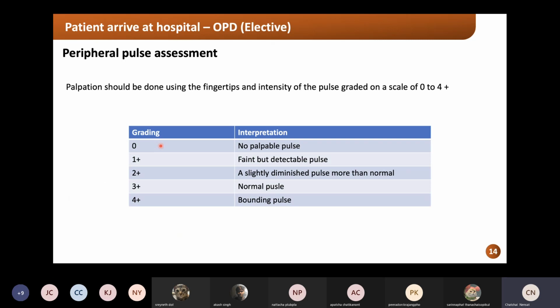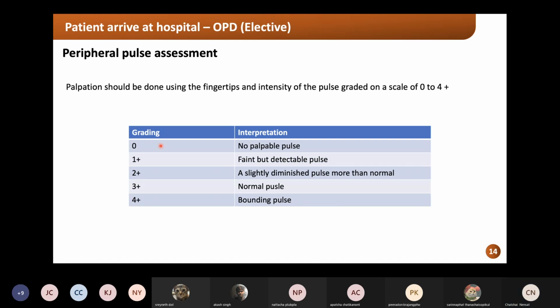And here is the peripheral pulse assessment, like the grading criteria to give to the patient when we palpate at the exact position. For example, if we palpate the brachial artery and we feel a normal pulse, we can grade it as grade 3 pulse.